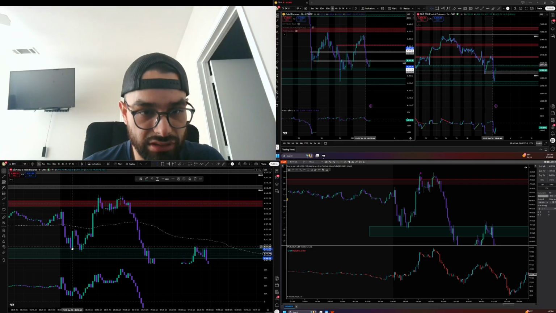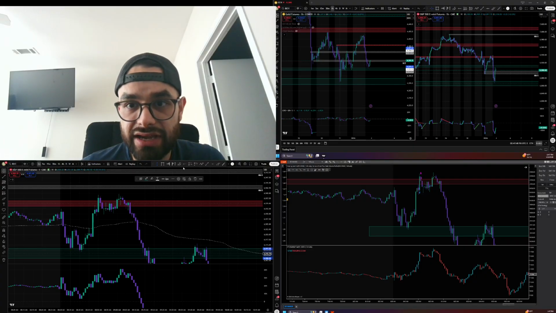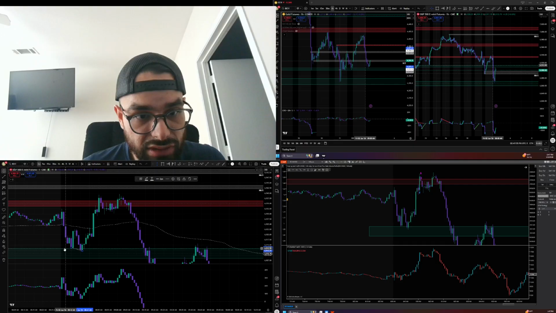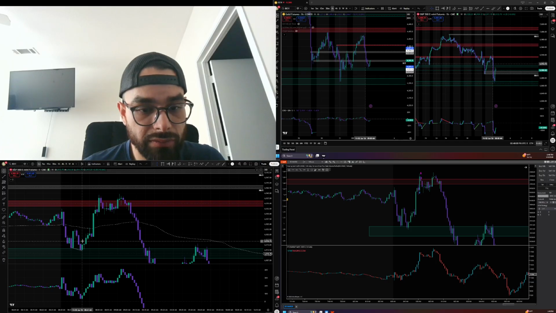Right here, we see a CVD divergence in price. If we take a look at this trend line right here, price is making a low and a lower low.